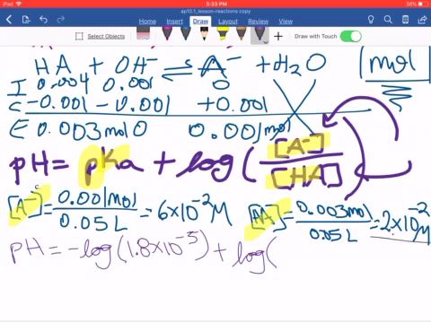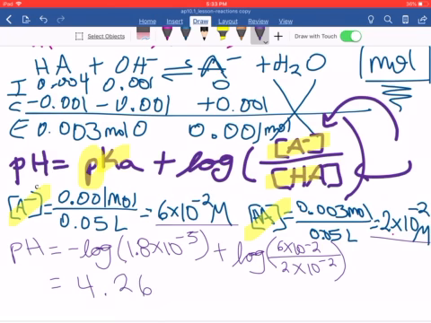We're plugging in the molarities right here. So acetate was 6 times 10 to the negative 2, divided by acetic acid, which is 2 times 10 to the negative 2. All right, go ahead and pause, simplify that in your calculator, make sure you get the correct answer. You should end up with approximately 4.26. And there you go.